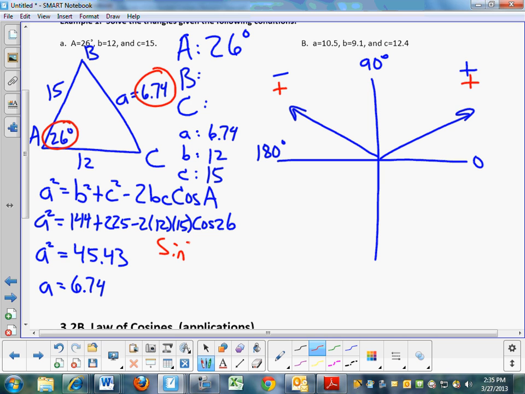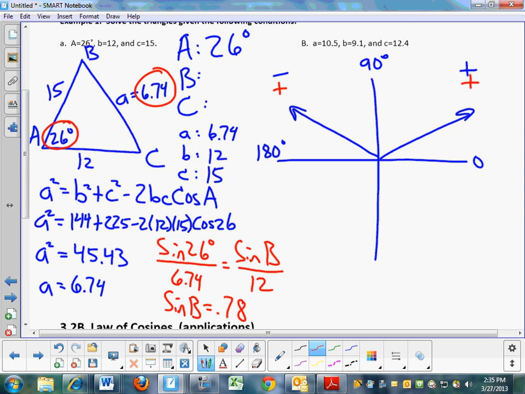So I have the sine of 26 divided by what? 6.74 equals the sine of B divided by 12. And you get the sine of B is equal to what? 0.78.